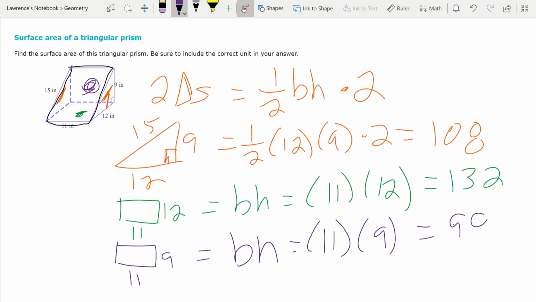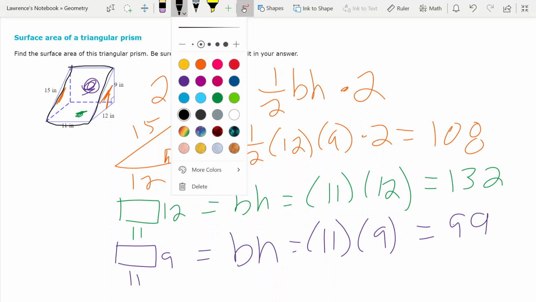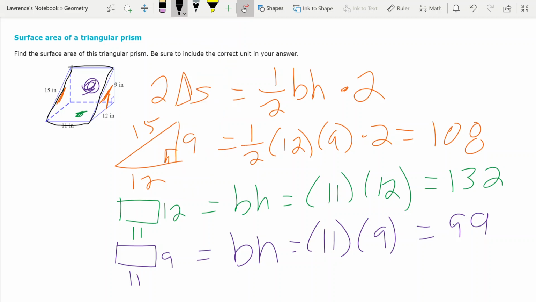And the last piece, which is the front piece, is going to be 11 and 15. Base times height. You know what, let me draw the picture for you as well. It would look like this. It's kind of that rectangle. It would be 11 and this would be 15.